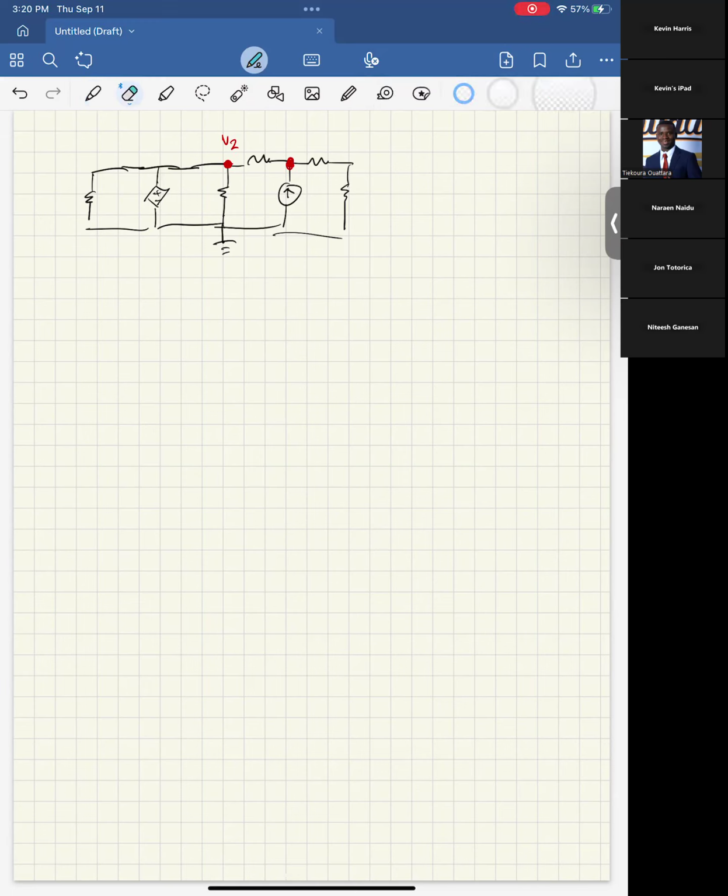For this example, this would be V1, this would also be V1, this would also be V1. They're all the same. This would only be different over here, being V2, because there's an actual resistor here allowing this voltage to be different from this voltage.